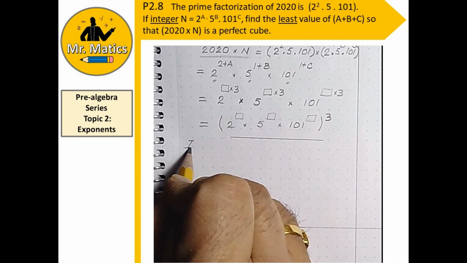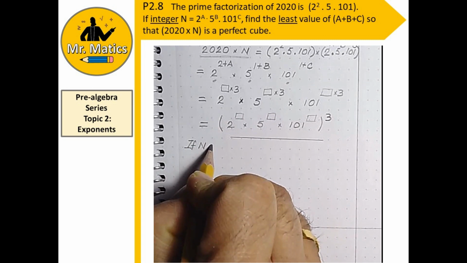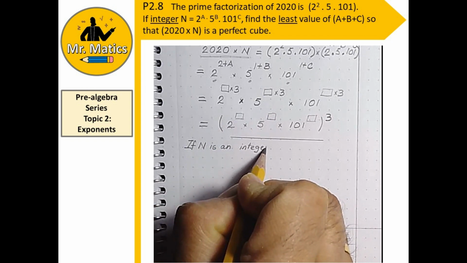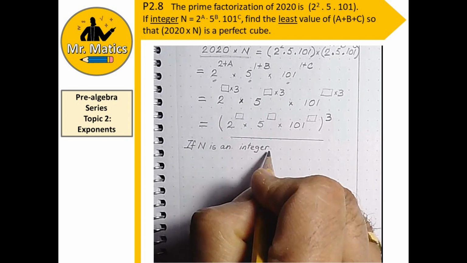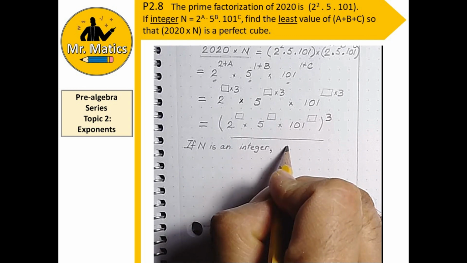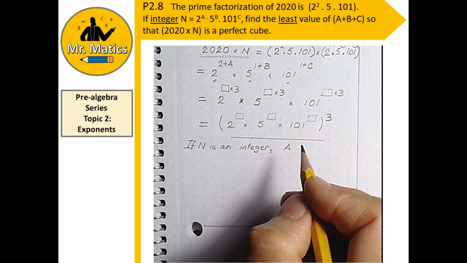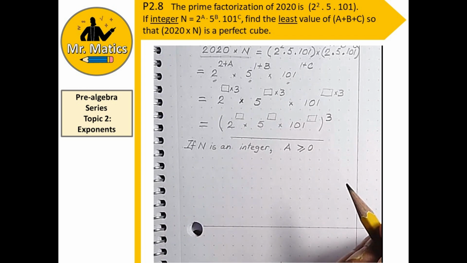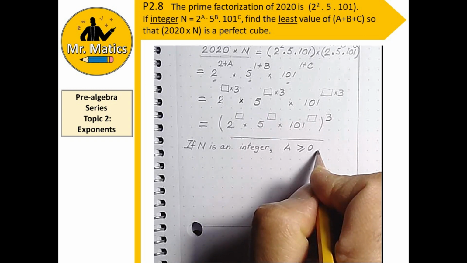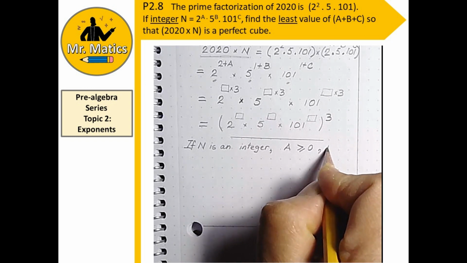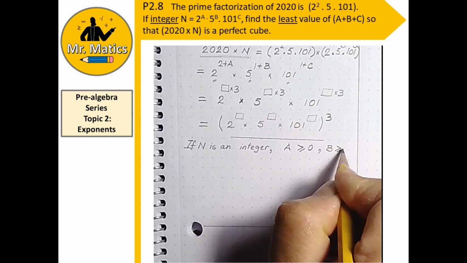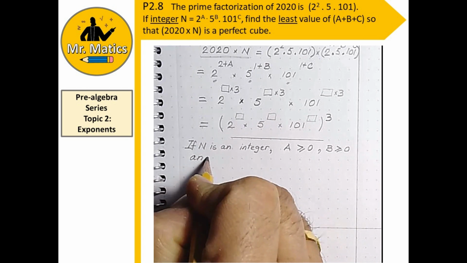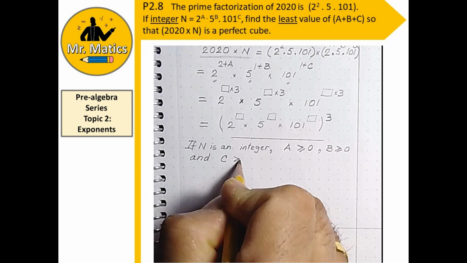So if n is an integer, then we can write a is greater than or equal to 0, b is also greater than or equal to 0, and c likewise is greater than or equal to 0.